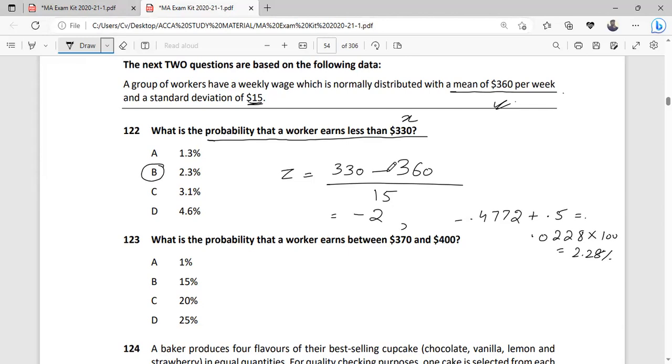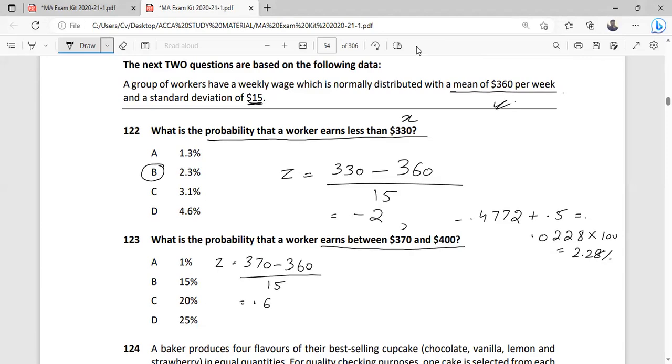Next one is a similar question, but here he says, what is the probability that a worker earns between 370 and 400? So now we will calculate two different Z's. First one is 370 minus 360 divided by 15.